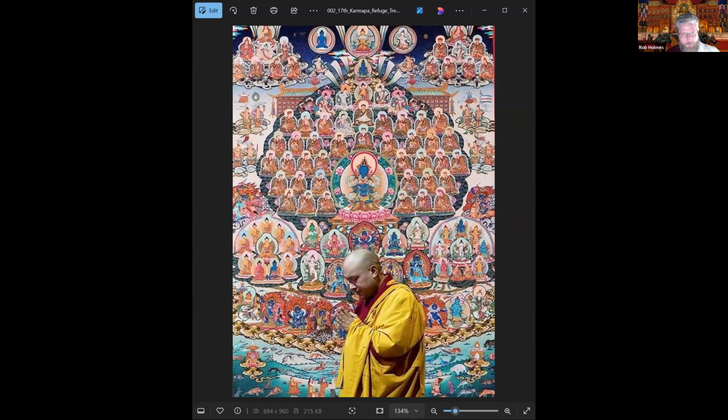The main takeaway here is that there is a hierarchical nature to the lineage, with the Karmapa at the top, and their main responsibility is to maintain all of the teachings, realizations, and practices from one generation to the next.